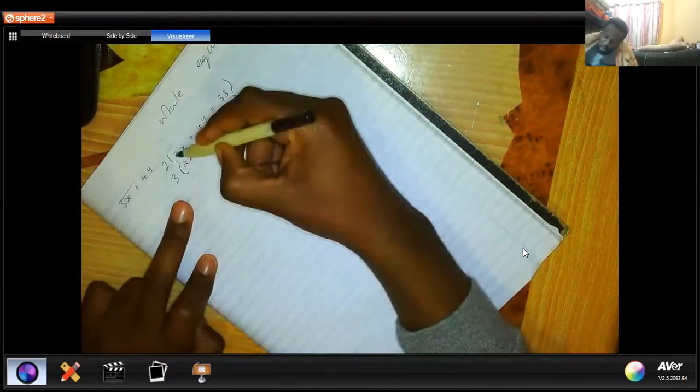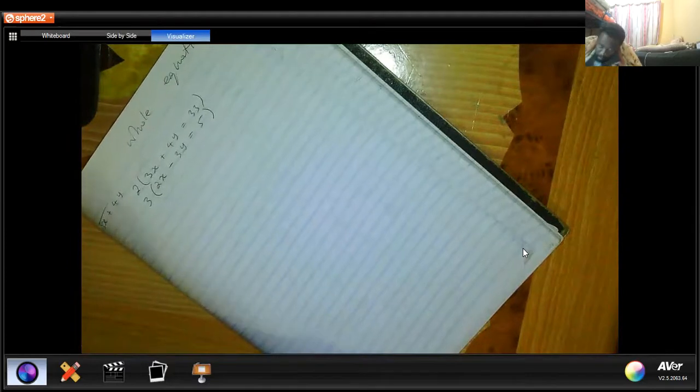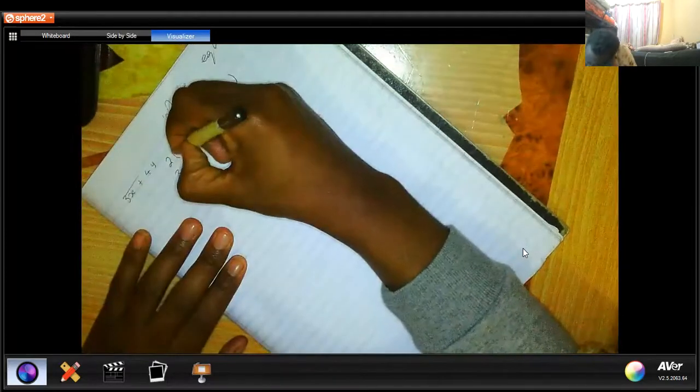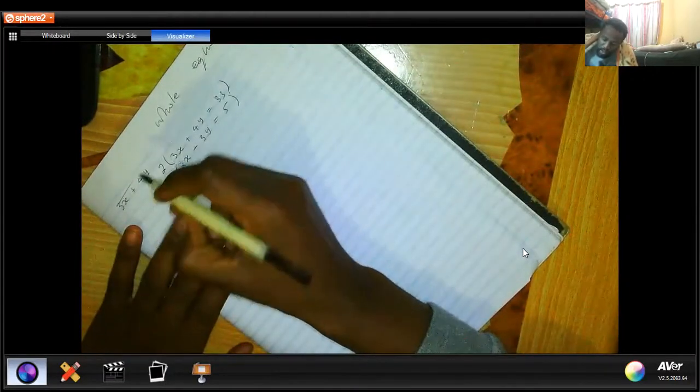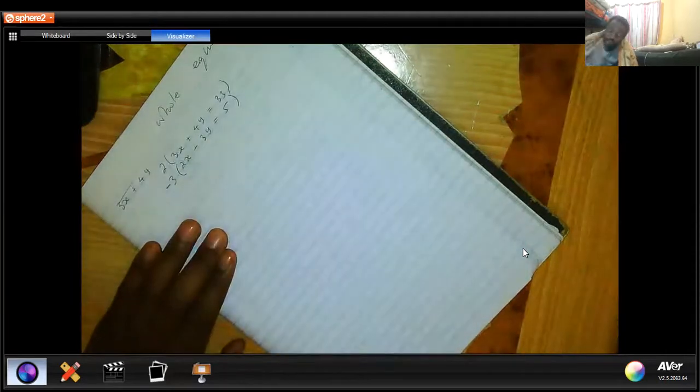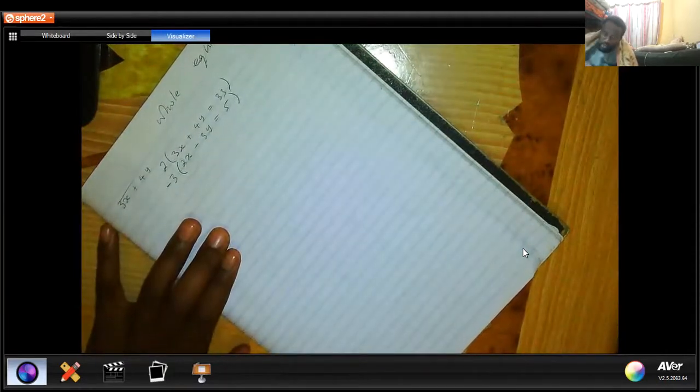Now, what do we have? We want these x's to have the same magnitude, that is the same value, but different signs. Meaning, if one is positive, the other one must be negative. And according to our example, we made the bottom one negative. So what do we have?